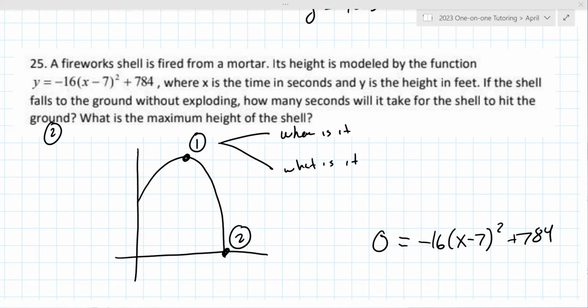Sorry, 0 equals negative 16x squared plus 1568, divided by negative 16, negative 98 equals x squared.